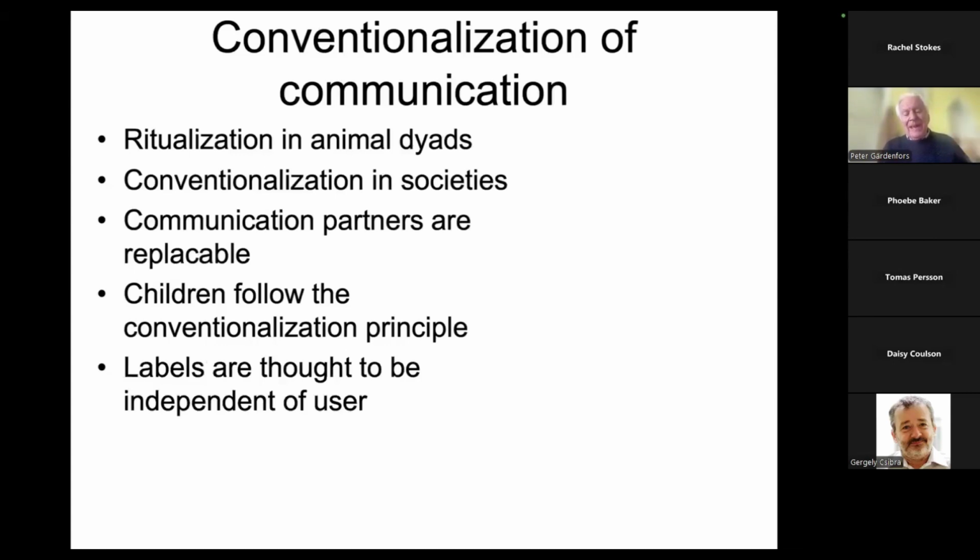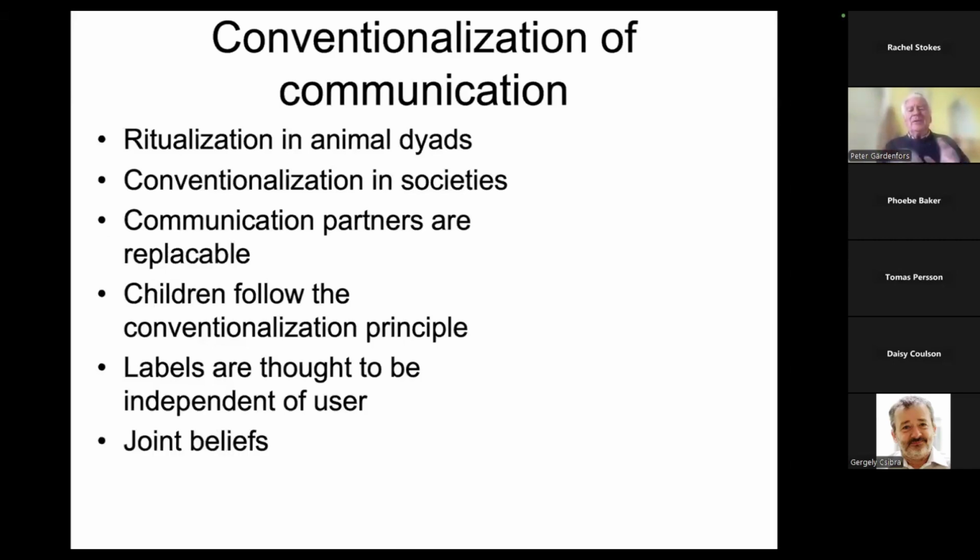So the labels, the words or the gestures that children learn when they're learning a language, they think they are independent of the user. They think that the language exists on its own, so to speak, independent of who is using it. That's a mistake, but it's a very convenient assumption because it makes language learning much easier. If everything was a ritual, you had to learn everything in dyads, then things would become very, very complicated.